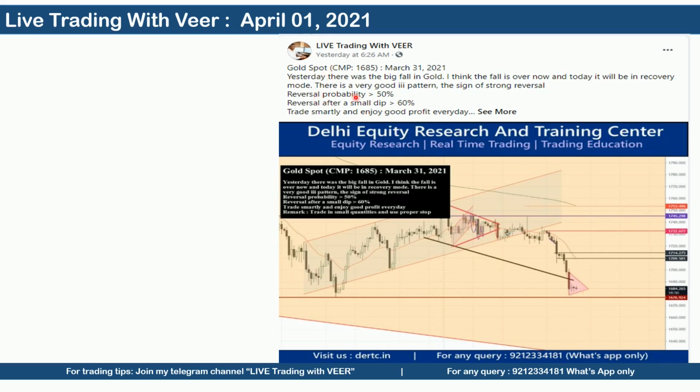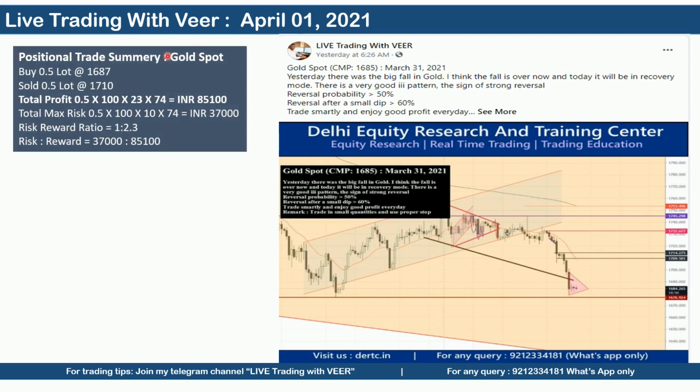I predicted a reversal possibility of more than 50% probability, and after a small dip more than 60% probability of the reversal. So I waited for the confirmation, and when it confirmed I took the trade. This was my positional trade.